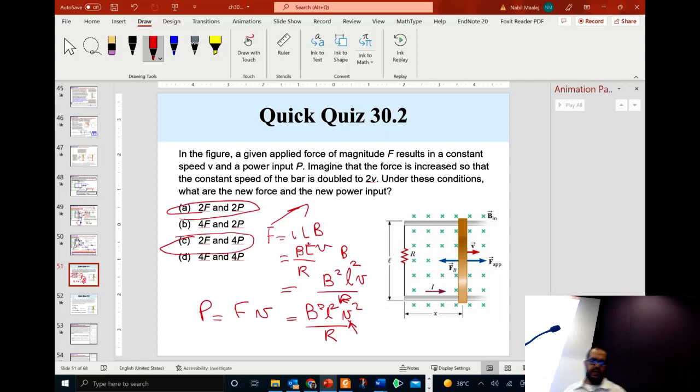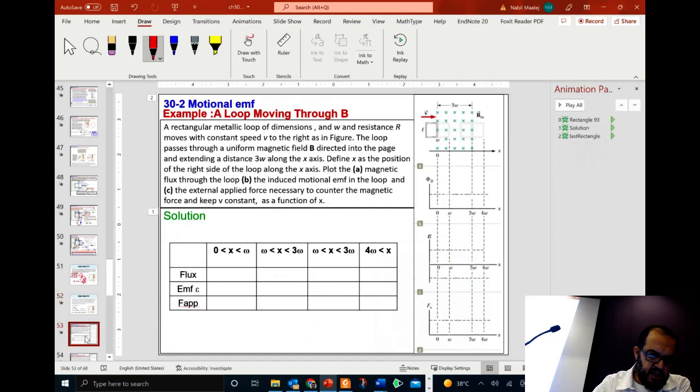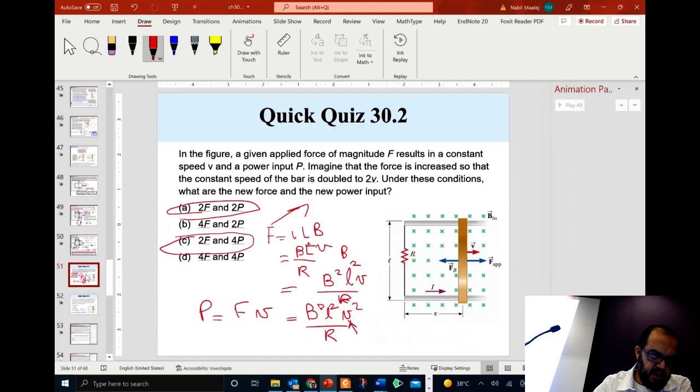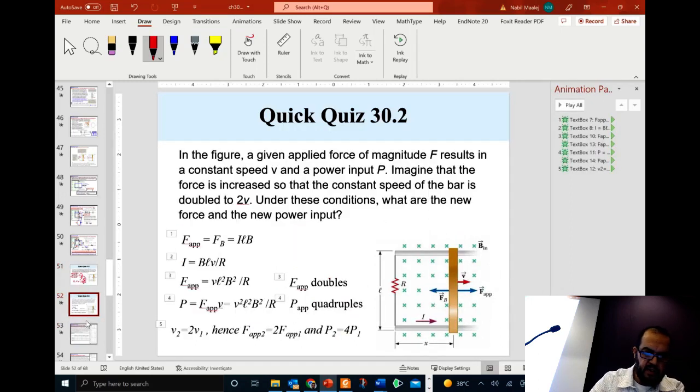So the power is quadrupled, it is 4 times that of the original one. So the correct answer in this case is what is it? C. All right. So here's the math.